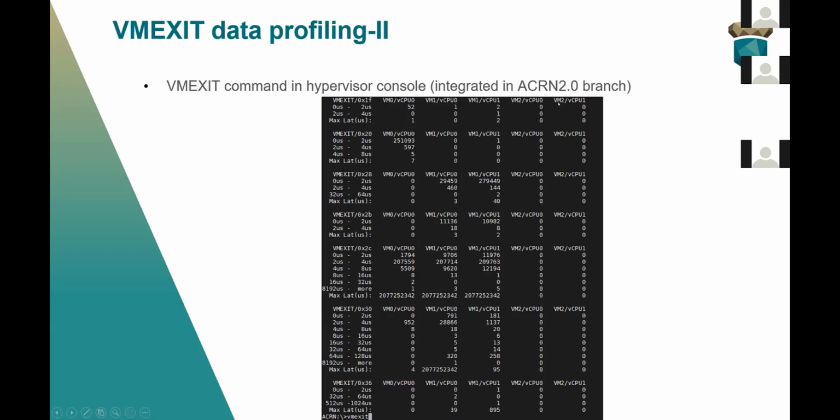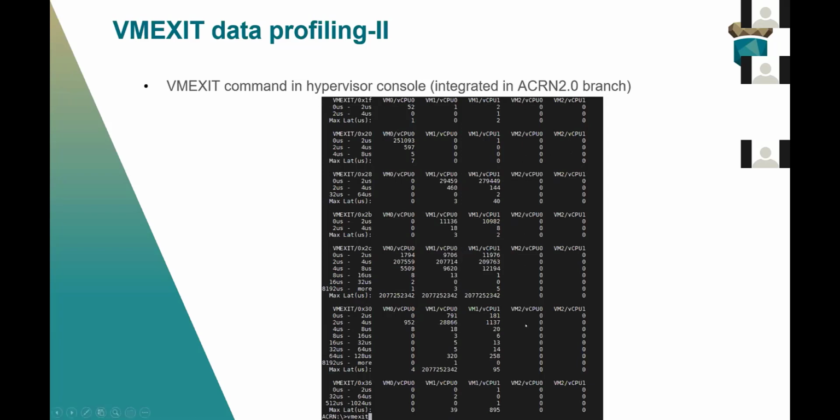And actually CPU1 is for the RTVM. This data is very important and we need to pay attention. If VM exits happen and last for a long time, we need to check what caused the VM exit.